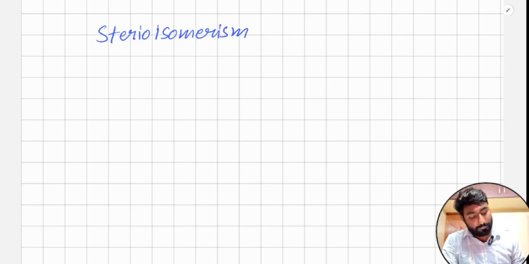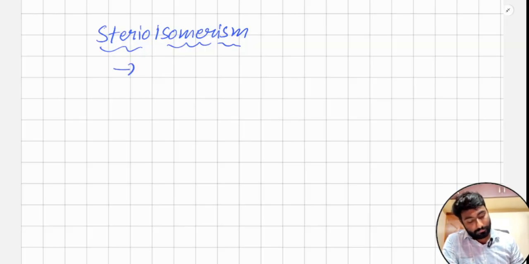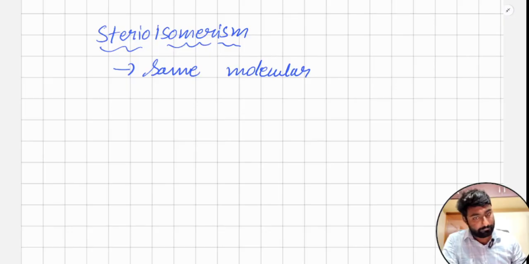As you know, in all isomers the molecular formula is the same.